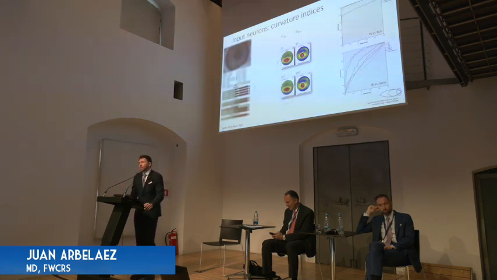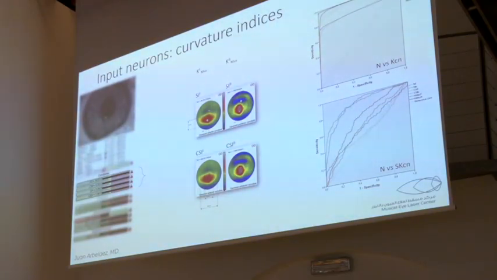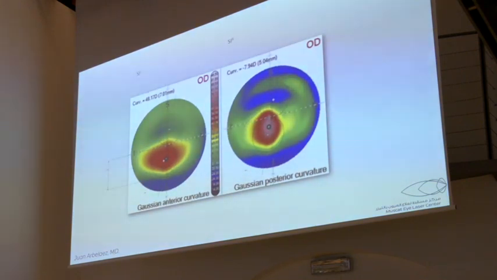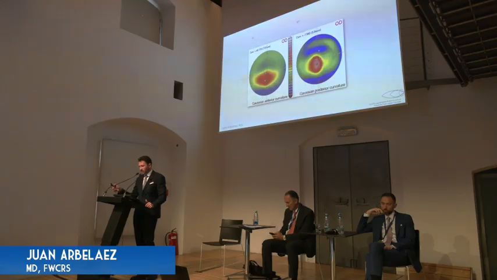So for the input neurons, I will tell you all of the indices part by part. We started, as was said, using the K-max values for anterior and posterior, but not based on axial or tangential maps. We use Gaussian maps. We also use the symmetry index that evaluates this 3 mm circle from the superior and the inferior with a certain angle for the right or the left eye, as you can see in the image.